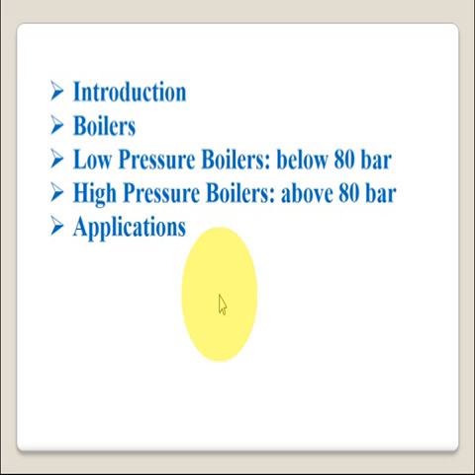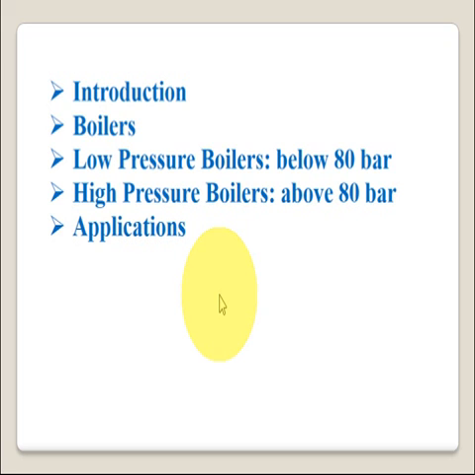While the high pressure boilers are used to supply steam at high pressure in power plant to generate electricity. And it is a general trend to generate steam at high pressure in a power plant. And the advantage is that when the steam is generated at high pressure, the power plant efficiency increases according to Carnot principle.